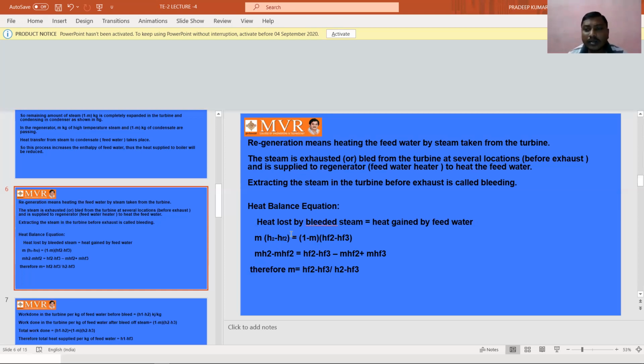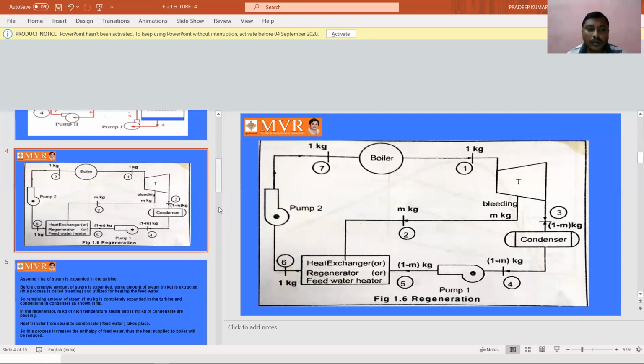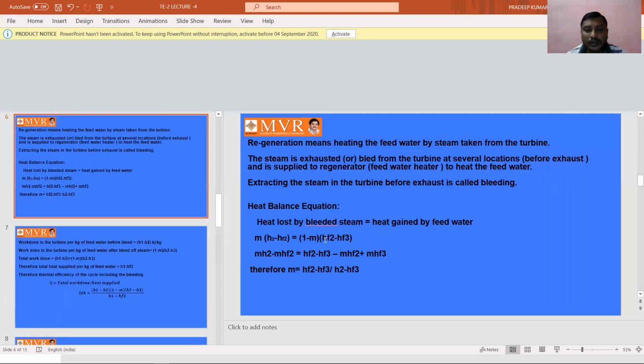The heat lost by bled steam is m into (H2 minus HF2), equal to the heat gained, which from the diagram is (1 minus m) into (HF2 minus HF3).